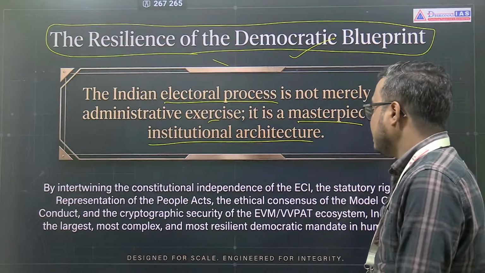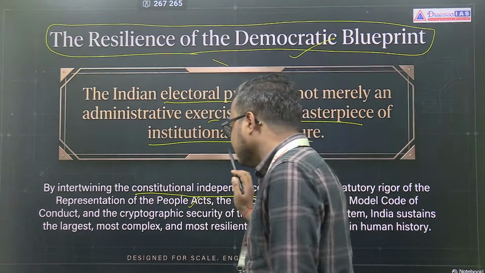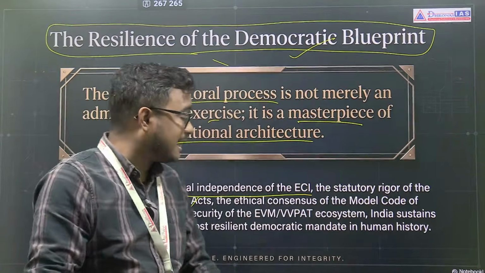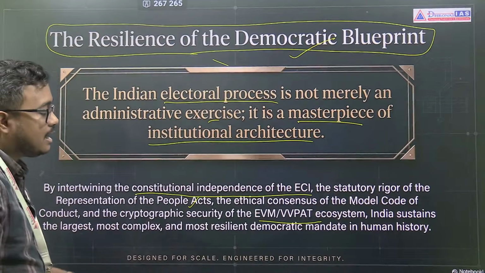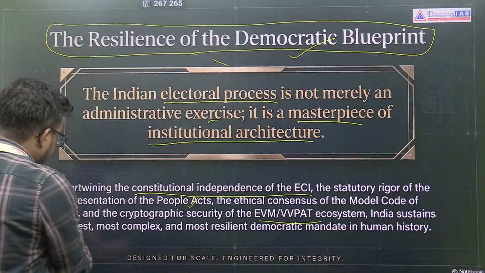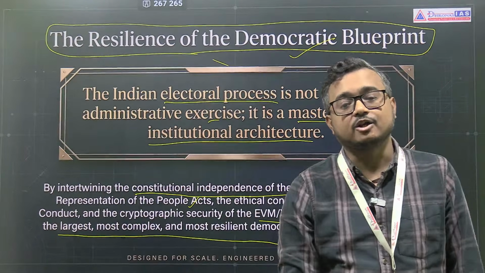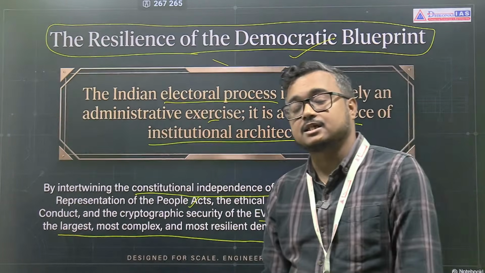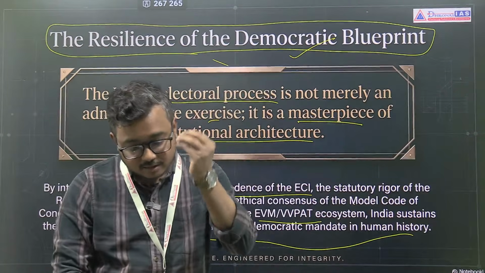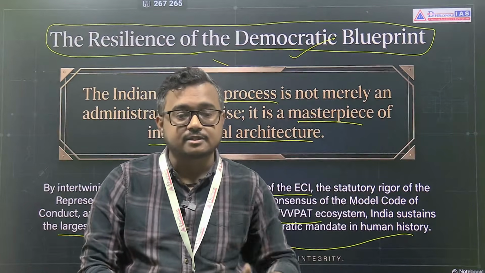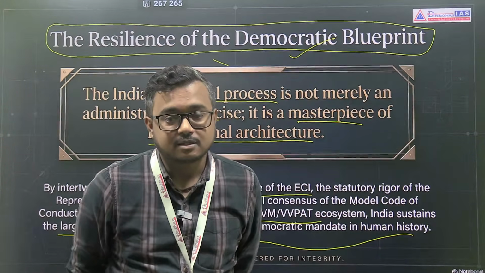And that's why, with the constitutional independence of the ECI, the Representation of the People Act, the MCC and EVM VVPAT, India sustains the largest, most complex and most resilient democratic mandate in human history. The Indian election is a marvel in its own right, and to run that show continuously year by year, we have this entire architecture working behind it, right?